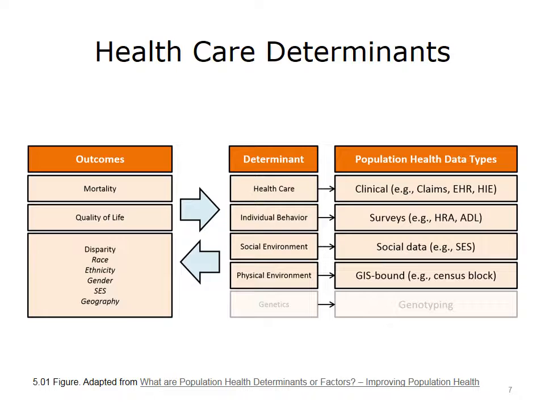Genetic information is usually not used for population health analytics, and thus is not covered in this unit. Note that the health determinants have a direct effect on outcomes, such as mortality and morbidity, which are also some of the main outcomes in population health research.